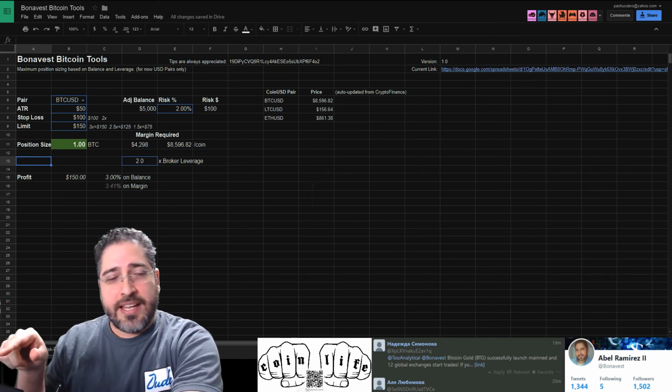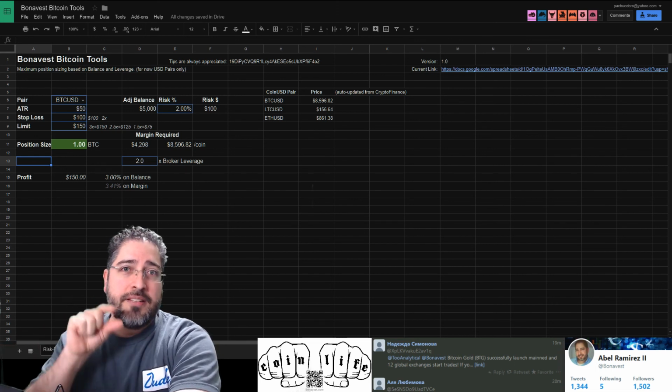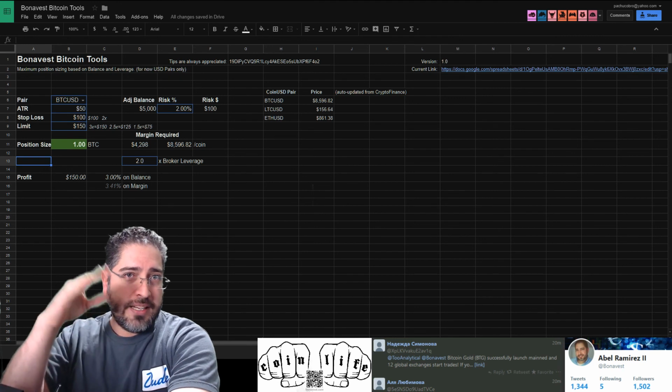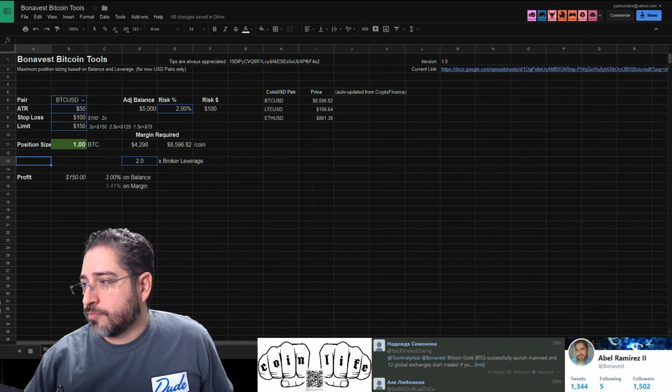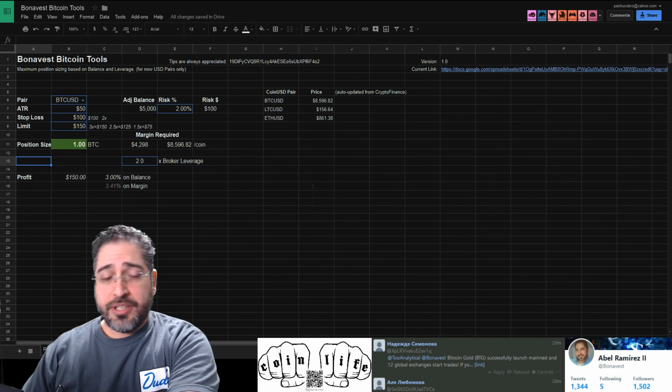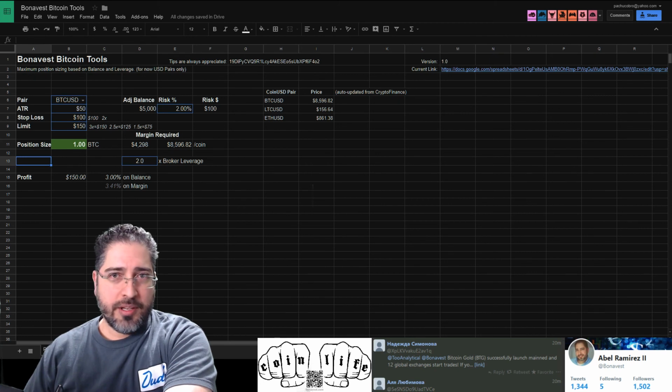If you're busting your account like that all the time, it's probably because your position sizes are too big and you're not leaving yourself enough room for it to go up and down against you. Just because this spreadsheet gives you the maximum position size doesn't mean you should use the maximum all the time.